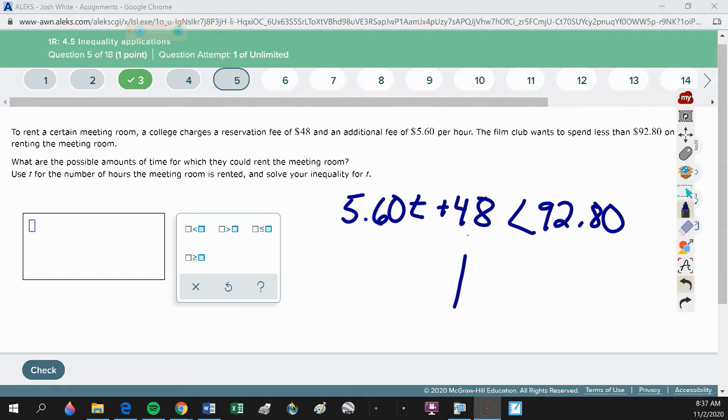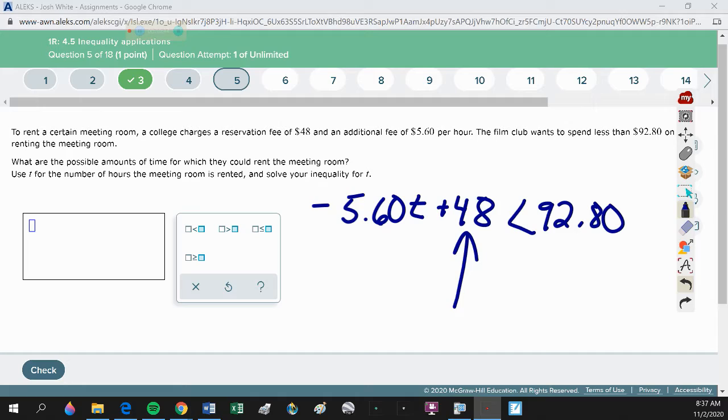So this is an amount that you get charged no matter what. If you want to rent the room, you have to pay 48 bucks. And then you get charged $5.60 for every hour you're in the room. So it's $5.60 per hour, 5.60 times t, plus the $48 rental fee. And then we would solve for t.